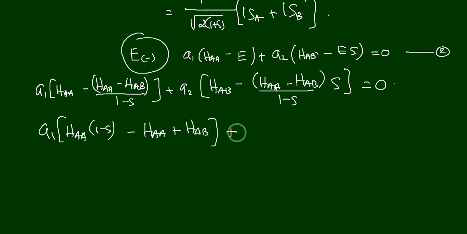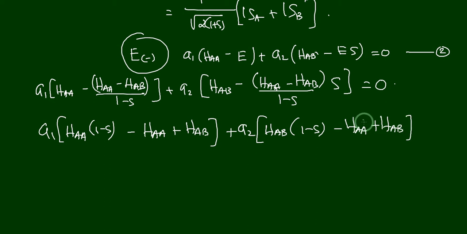Plus A2 into HAB into 1 minus S, okay, minus HAA plus HAB into, in these cases we have S also. Okay, so HAA into S and HAB into S is equal to 0.